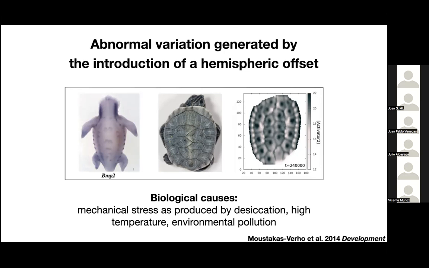aberrations. And the only way that he was able to achieve abnormal variation was through the induction of a hemispheric offset, so that the marginal scutes, which are the pre-pattern, were slightly offset. And then that should induce aberrations in the central scutes, since those are forming later.